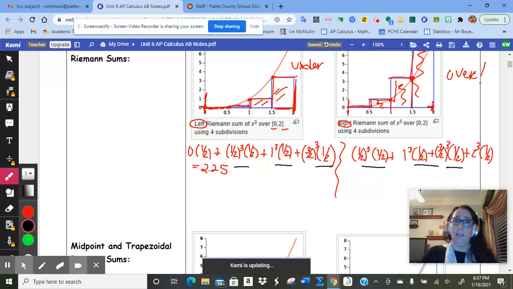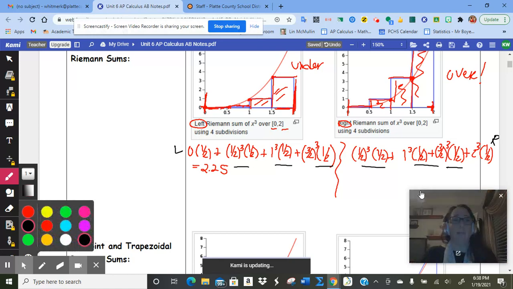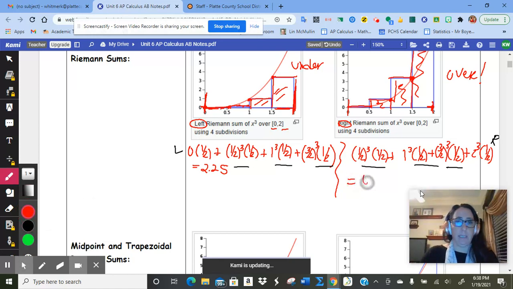The difference is whether or not I came from the left or came from the right of that other fourth piece. So when I calculate all of these, I get 6.25. So we know that the exact area is somewhere between those two. And that's a huge margin of error, okay? But we can get more precise and we'll talk about that.